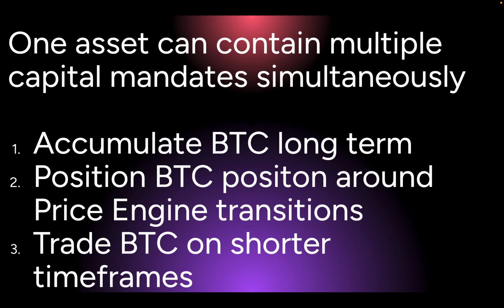One asset can ultimately contain multiple capital mandates simultaneously. So, for example, you could be accumulating Bitcoin long term while simultaneously positioning that long term position around different transitions, right? Potentially taking profits every 1 to 2 years or something like that.